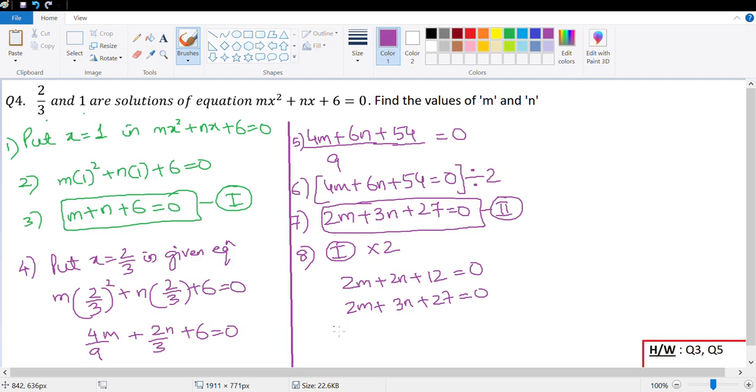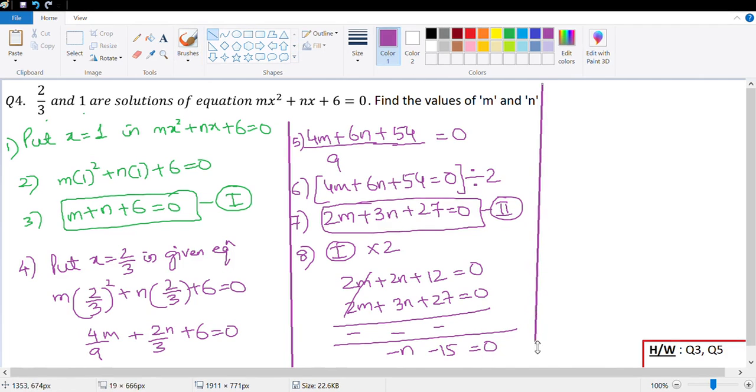Let's subtract, and what I have is 2n minus 3n, that's negative n, 12 minus 27, that's negative 15, is equal to 0, which means n is equal to negative 15. So we've got the value of n.